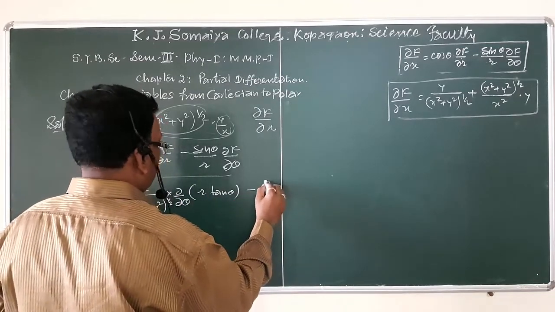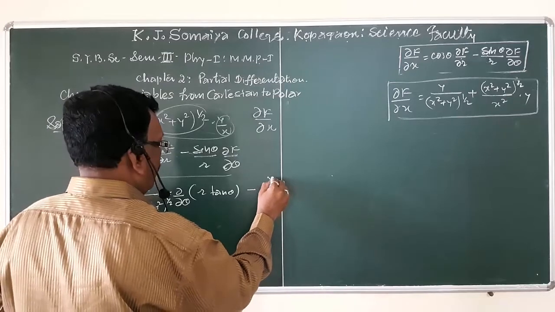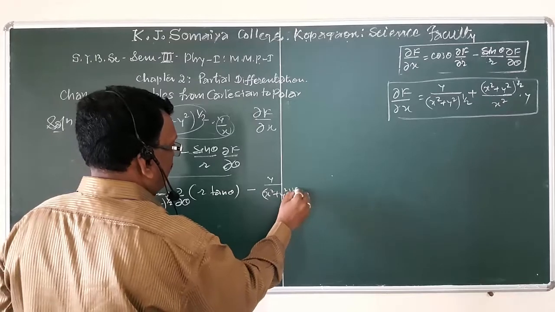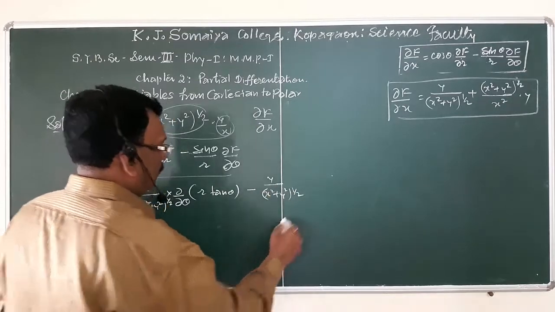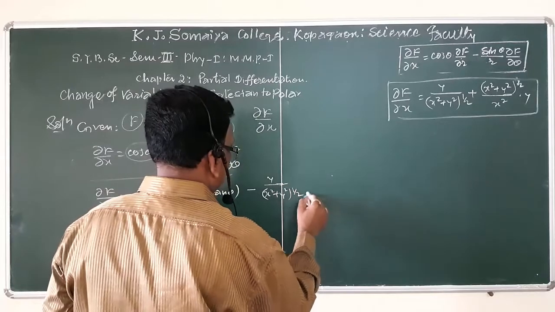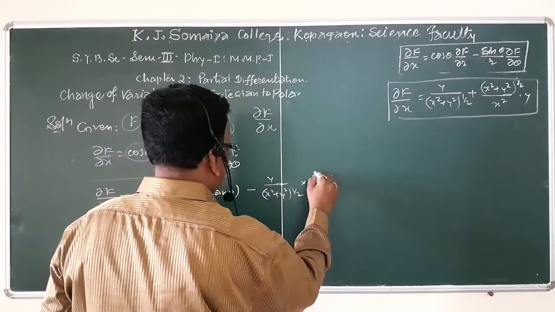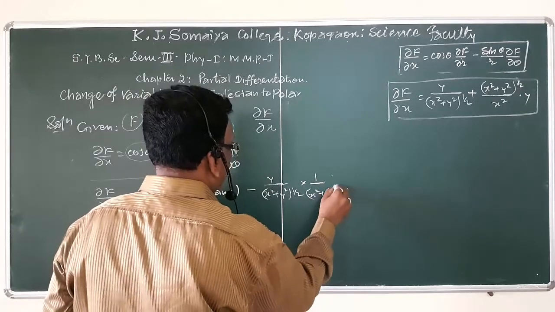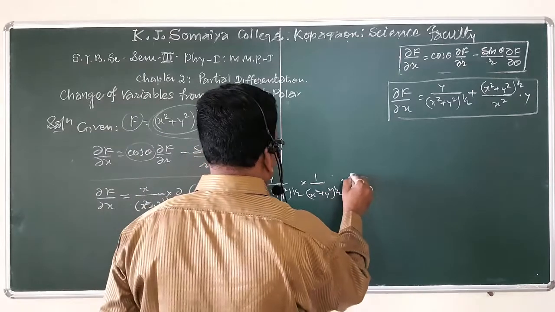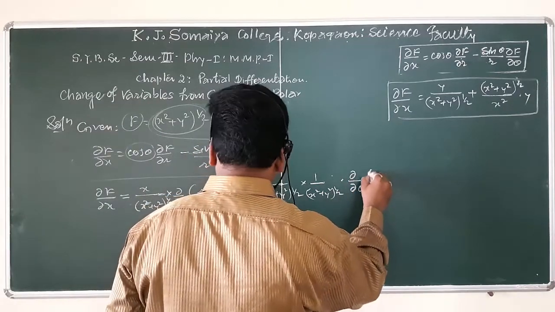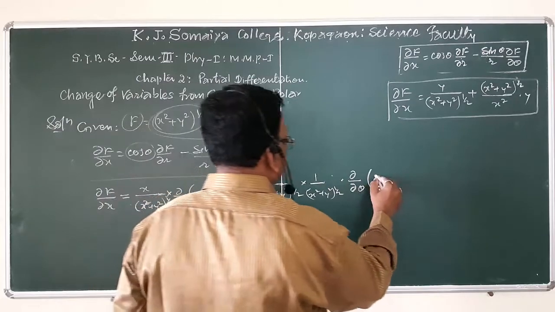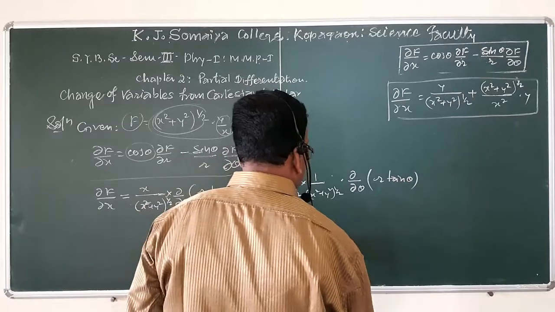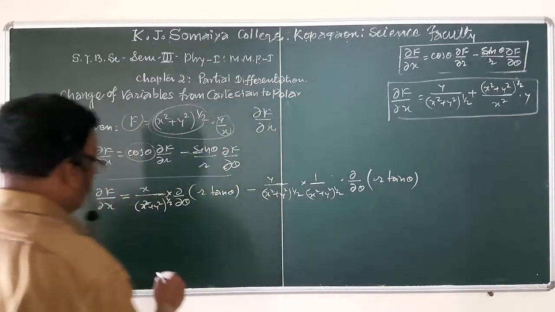Minus sin theta, like this, y upon (x square plus y square) bracket raised to 1/2, into 1 upon r, that is 1 upon (x square plus y square) bracket raised to 1/2, into del f by del theta. The value of f is r tan theta. Okay, see here. Now solve this.